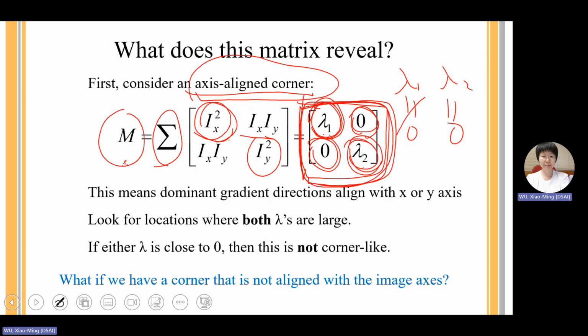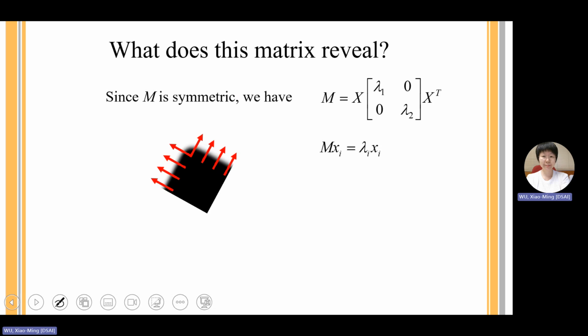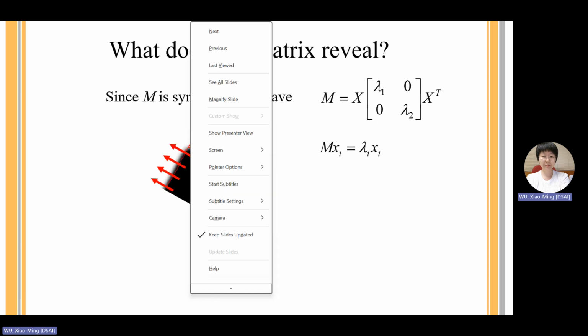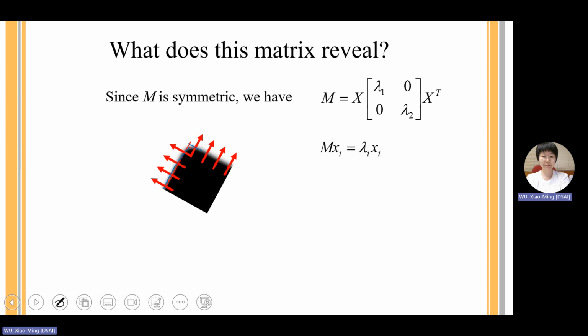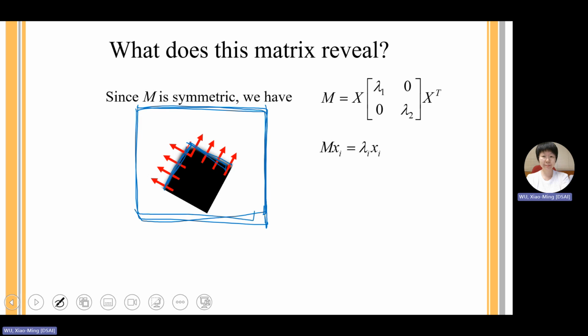What if we have a corner that is not aligned? What if we have a corner like this, whose edges are not parallel to the image boundary?